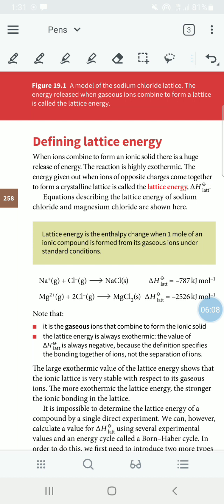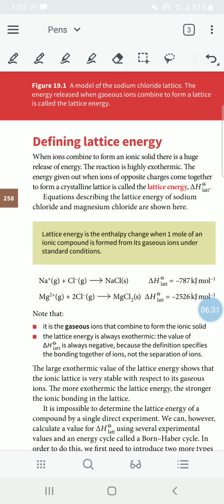It is more stable with respect to its gaseous ions. In this situation, magnesium chloride is more stable than sodium chloride. It is comparatively easier to break the sodium chloride bonds than the magnesium chloride bonds.